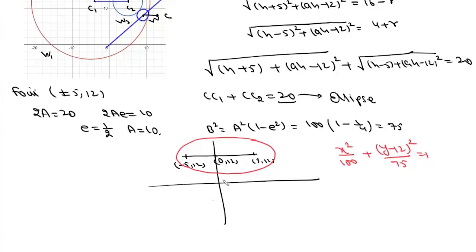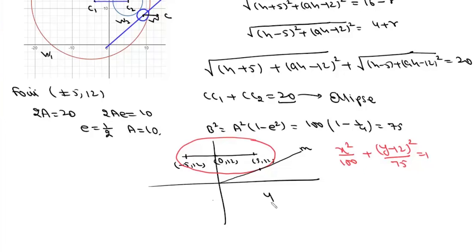Now we have to find a point on this ellipse so that the line joining the point to the origin has the least slope. So we'll have to find the point where this line will be tangent to this ellipse. So we have to find this slope. Now we can write the equation of tangent to this ellipse.